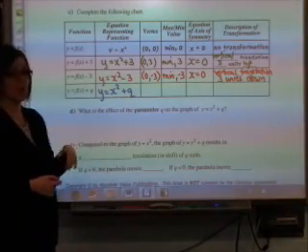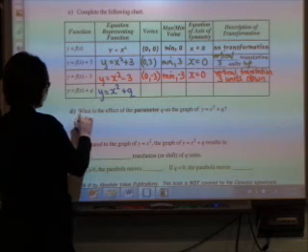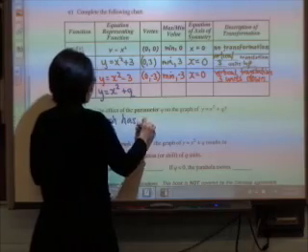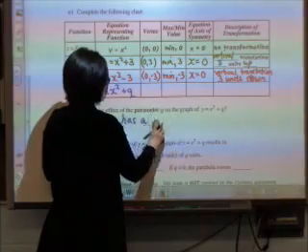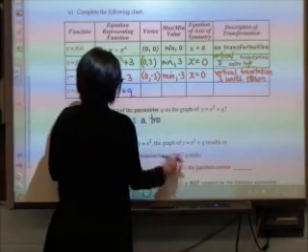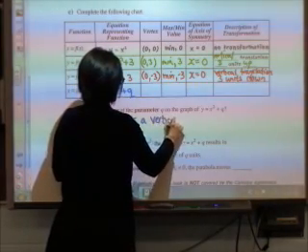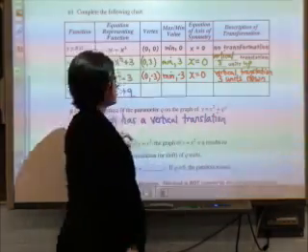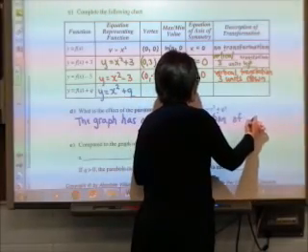The effect of the parameter q is that the graph has a translation, or vertical translation, sorry. So q does a vertical translation of the graph of q units.